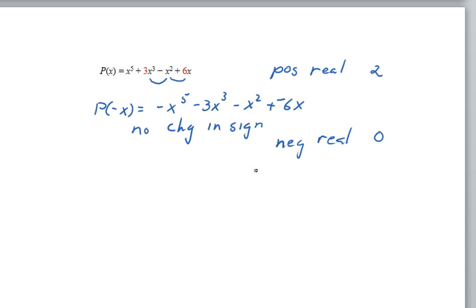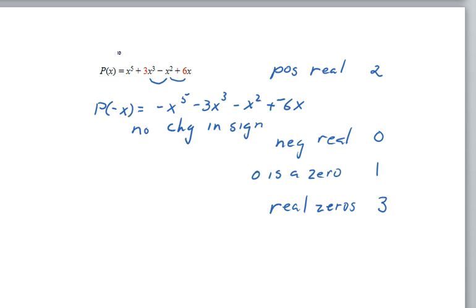This time, 0 is a zero. So we'll have to add 1 to the possible number of real zeros. And so for real zeros, there will be a possibility of 3.